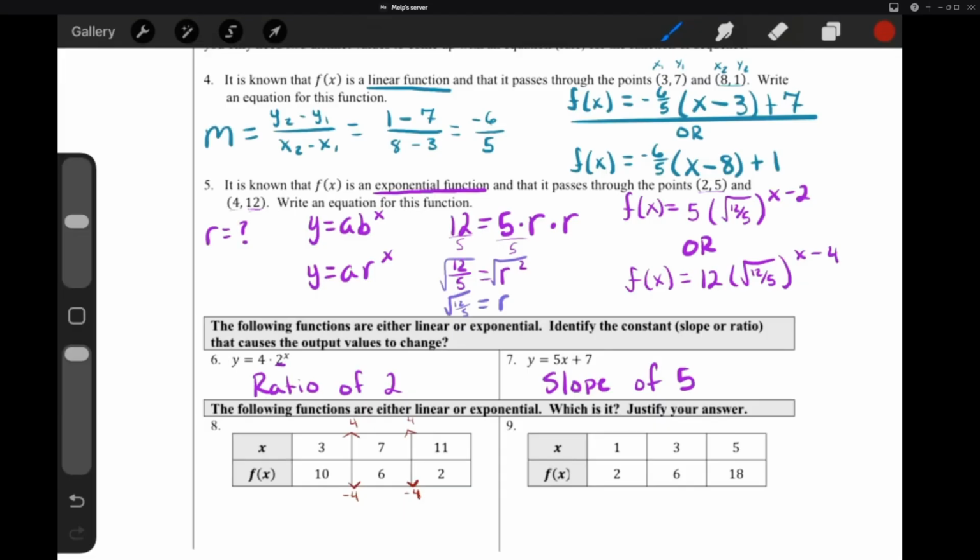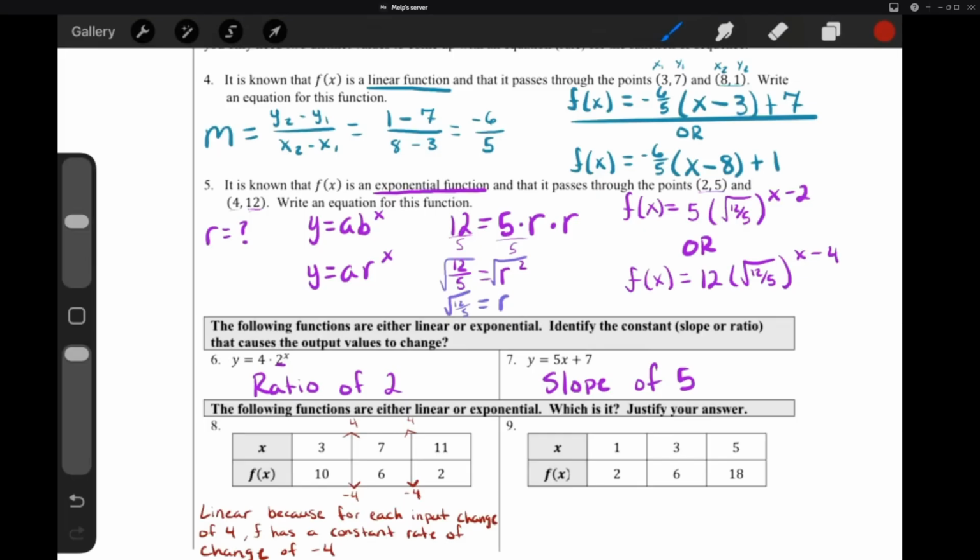So we need to justify our answer. We can't just leave it at this is linear. We now need to say this is linear because for each input change of 4, f has a constant rate of change of negative 4.